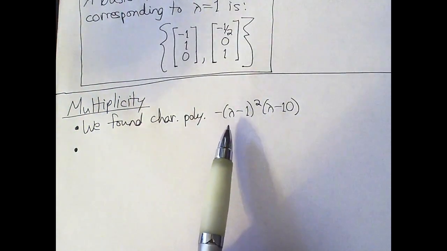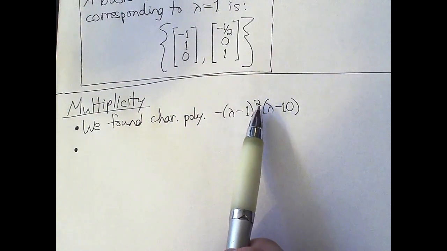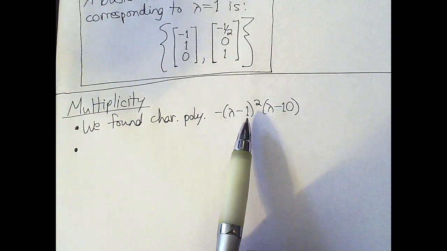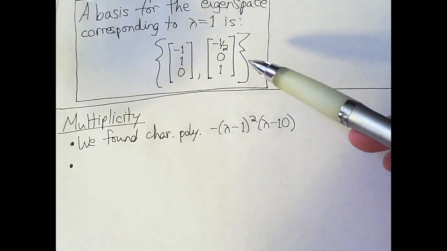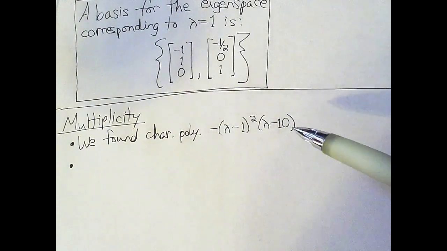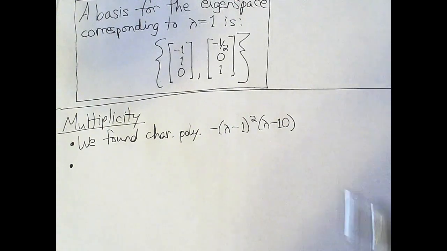Do you notice that the linear factor that was squared, the linear factor that appeared twice, wound up having a two-dimensional eigenspace. And the factor that was just appearing once wound up having an eigenspace of dimension 1.